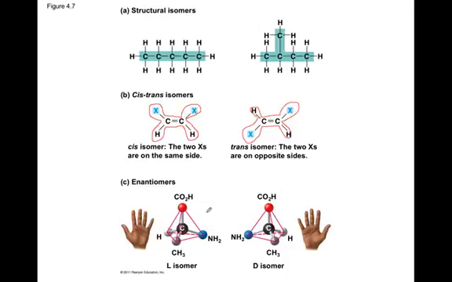And having this chiral carbon, the orientation is specific with respect to the carbon. How they are arranged with respect to those asymmetric carbons makes them different molecules. That arrangement makes these two molecules mirror images of each other.